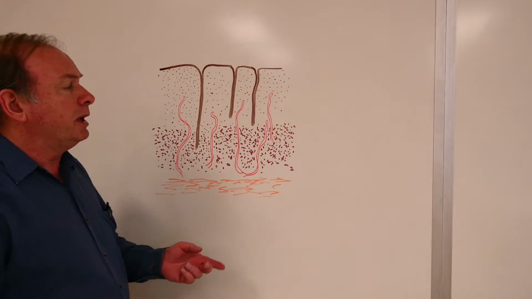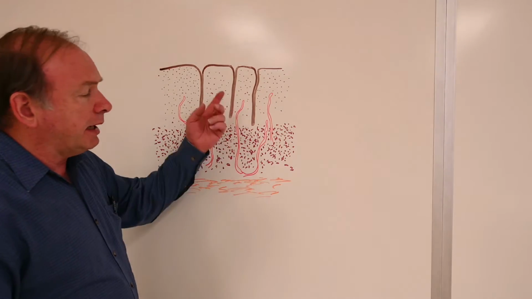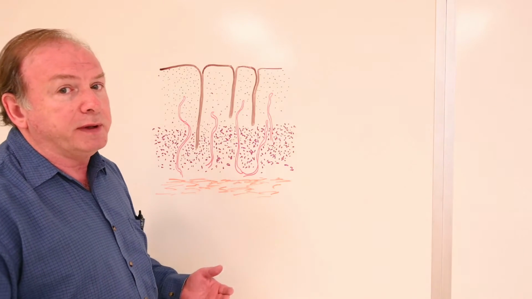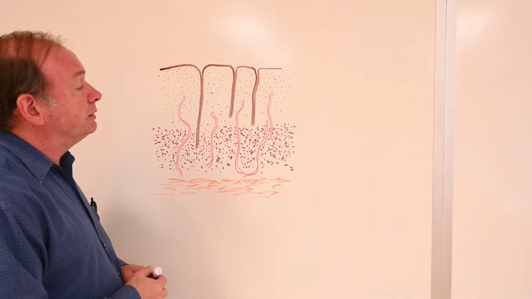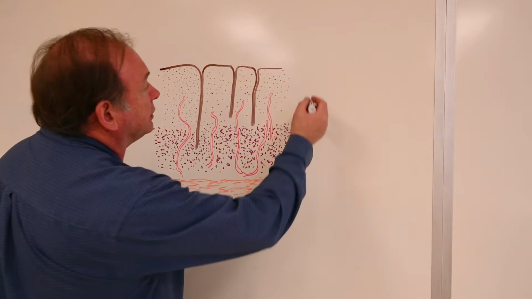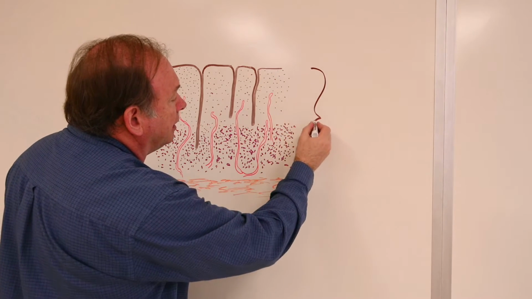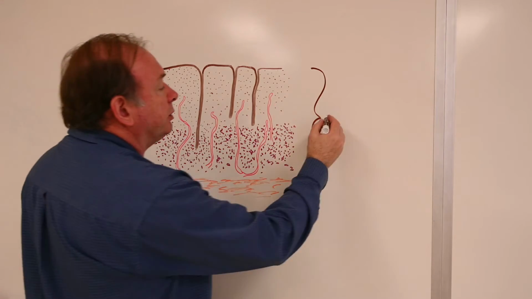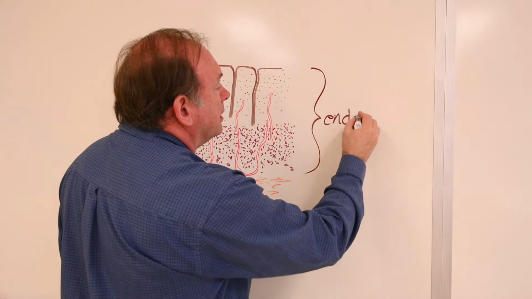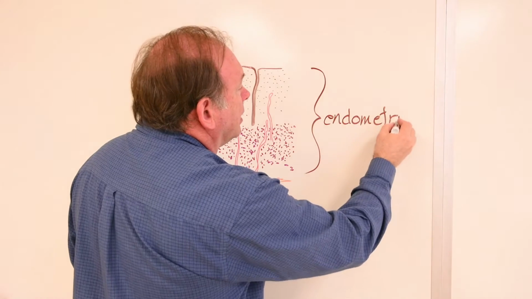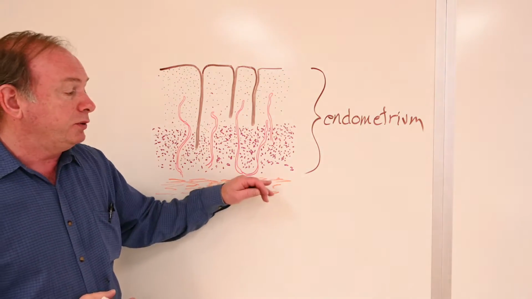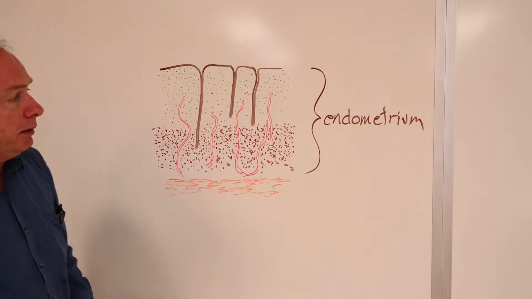In this picture, we have a little sketch of what's going on in terms of the tissues of the endometrium of the uterus. This entire thickness from here down to here would represent the endometrial tissues, endometrium. Below that would be the myometrium, the smooth muscle layer of the uterus.